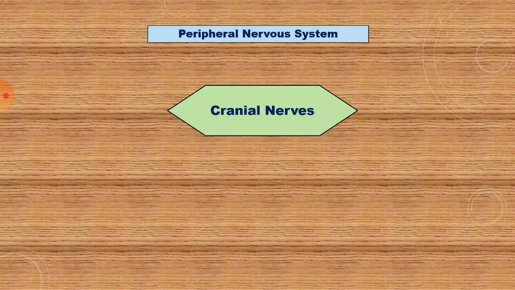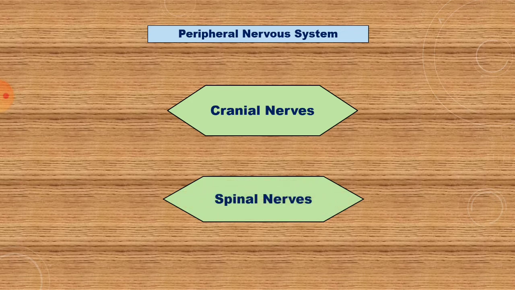Second, spinal nerves. There are 31 pairs of spinal nerves. Each spinal nerve has a dorsal sensory root and a ventral motor root.